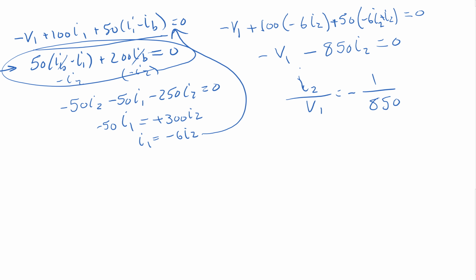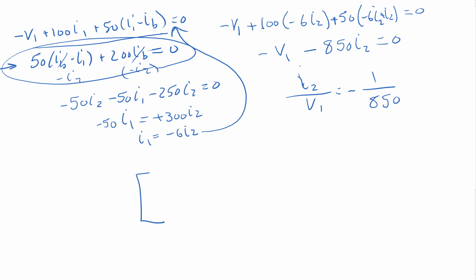So now, if somebody asks, what is the Y parameter for this circuit we just finished? We've got Y21, which goes right here. It's going to be minus 1 over 850.